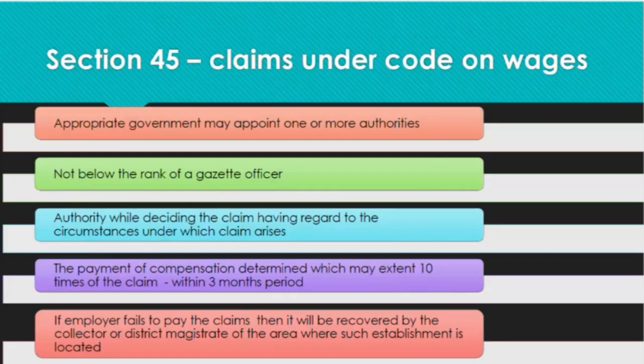If the authority has decided the claim to be paid by the employer to the employee, and the employer does not pay this claim within 3 months, then the collector can attach the property and recover the money by way of arrears of land revenue. Just like arrears of land revenue, they can attach the property and recover the money and settle this claim.